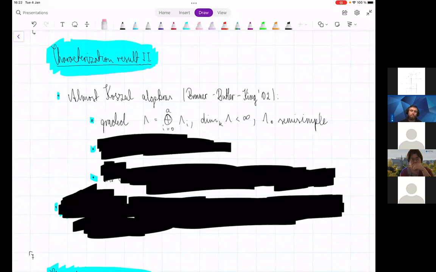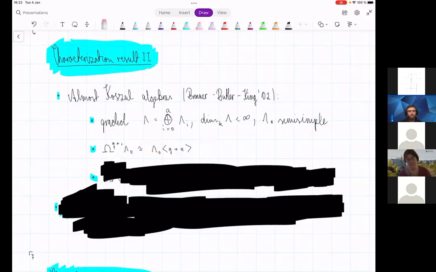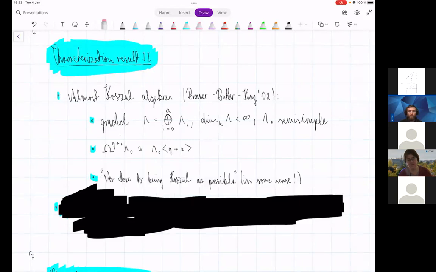For that, we're going to need to talk about so-called almost Koszul algebras, introduced by Brenner, Butler and King. These are also positively graded, but they're finite dimensional and they have degree 0 part being semisimple. With all of these assumptions, you have some highest degree, which we're going to call A. In addition, you require the degree 0 part to be periodic as a module, and it has to satisfy this property: the syzygy that gives you the period has to be shifted by q plus A. Additionally, we require that it must be as close to being Koszul as possible in some sense.